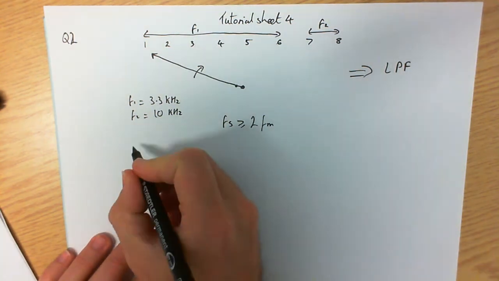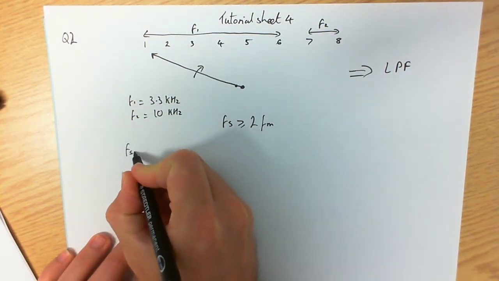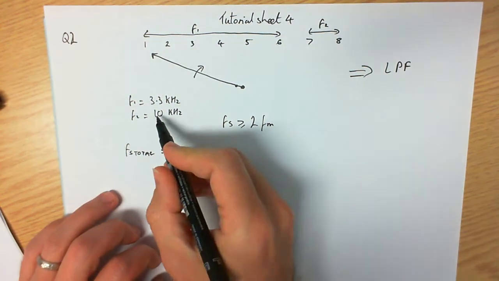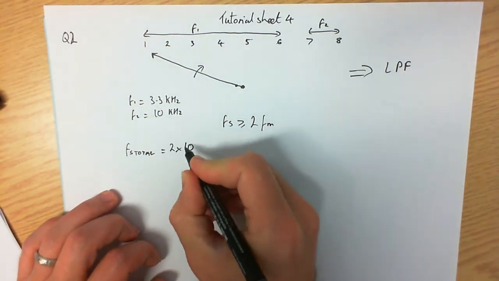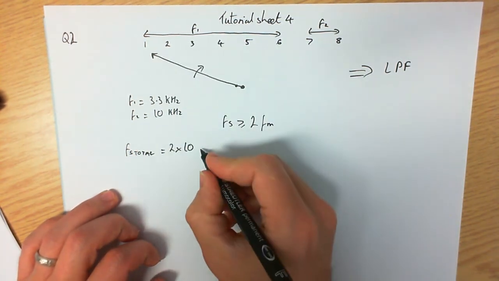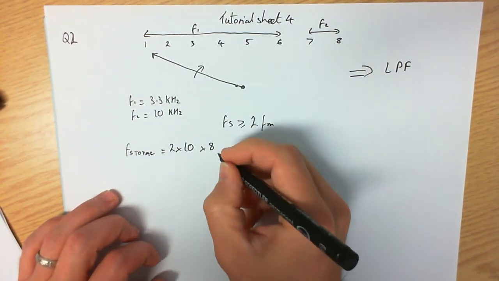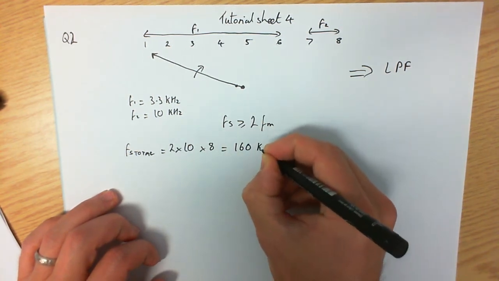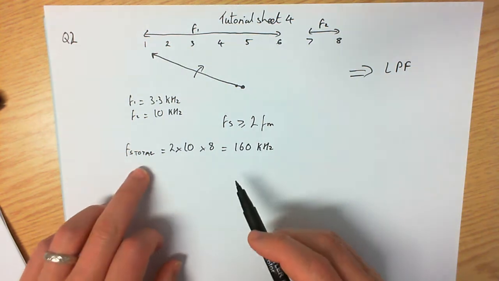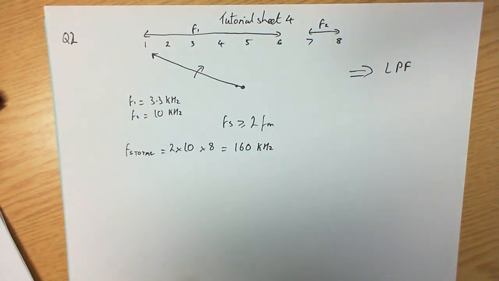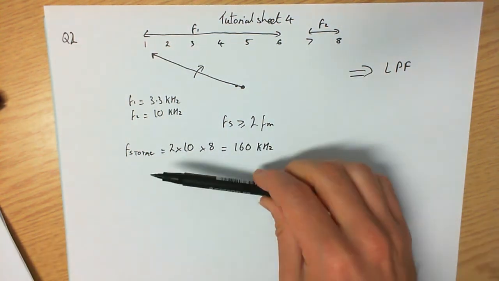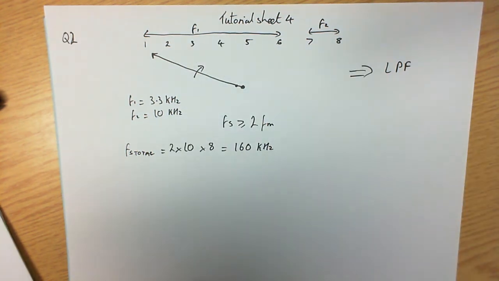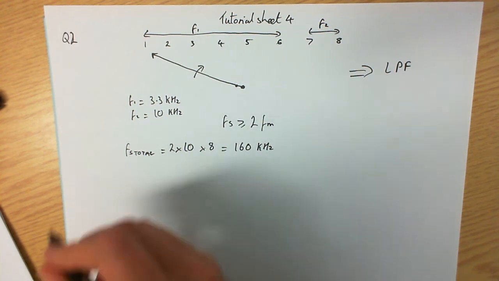So the total sampling rate, Fs total, is going to be equal to 2 times 10 times the number of channels, which is 8. Of course, that's equal to 160 kHz. So that's the total sampling rate that we need, and that's the minimum that we're going to need if each of these is going to be sampled at an equal rate. So that's part A.